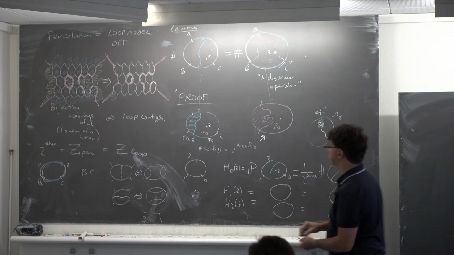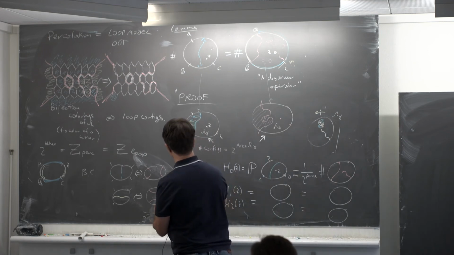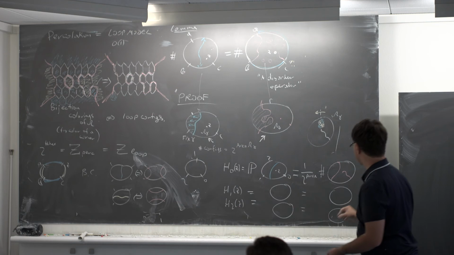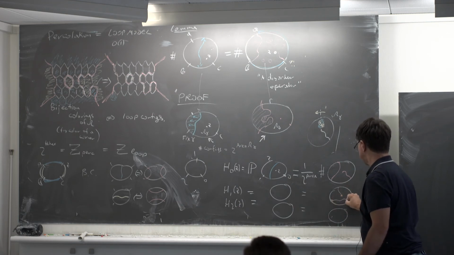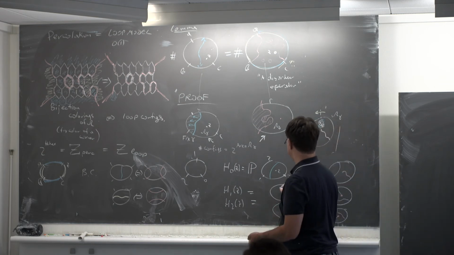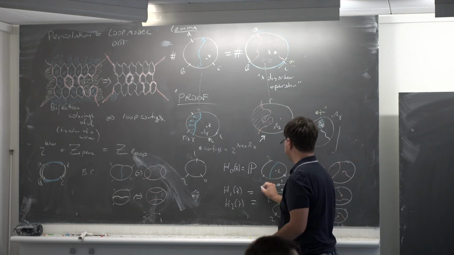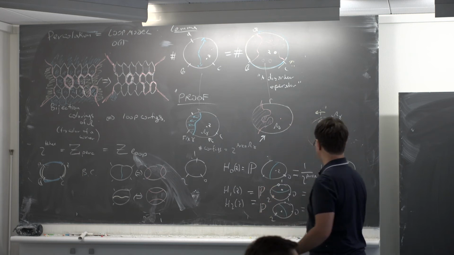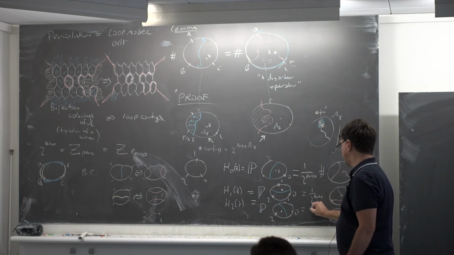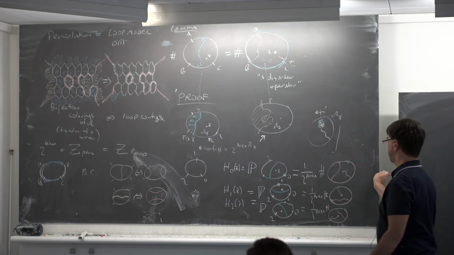Wait a second, I want to do it counterclockwise. So it's 1, 0, 2. On the right, I also can write probabilities in principle because we have shown that this sums to 1.